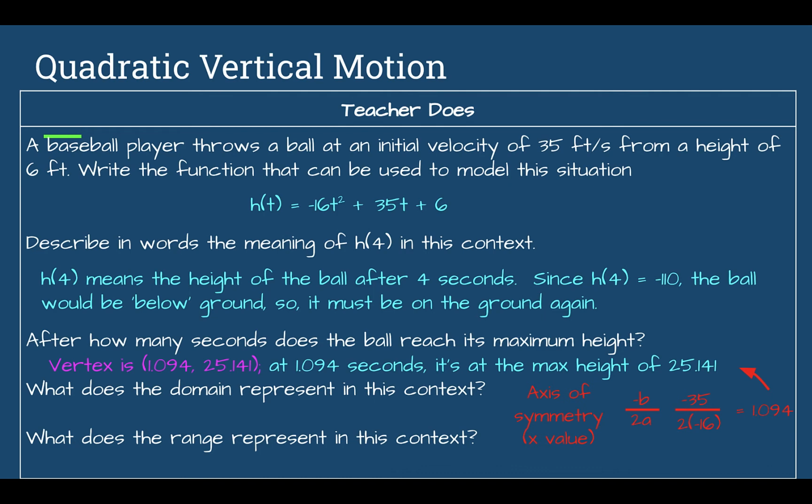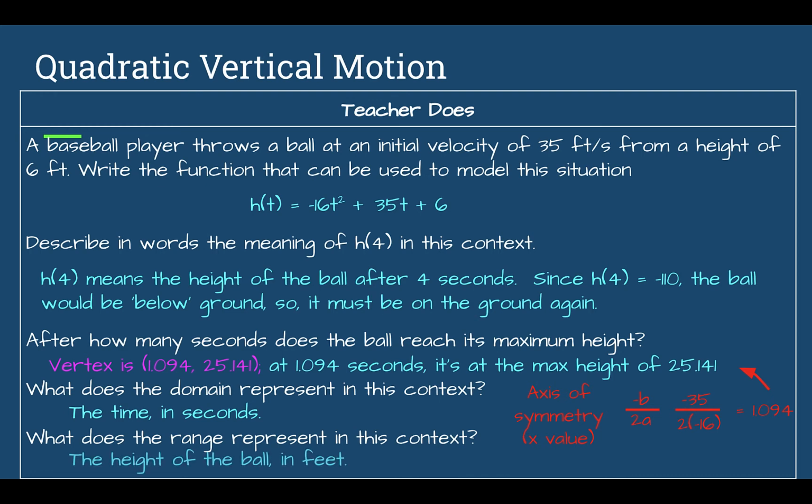Our next two questions deal with domain and range. So what is the domain and what is the range in this context? So domain is your x values. In this case, it's not x, it's t. So domain is the time in seconds. That's the value you're plugging in. You plug in the time, you get out the height.